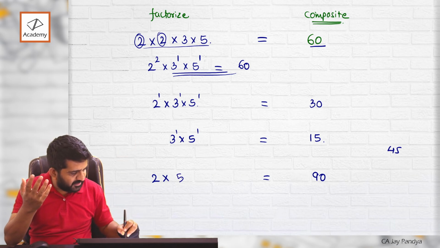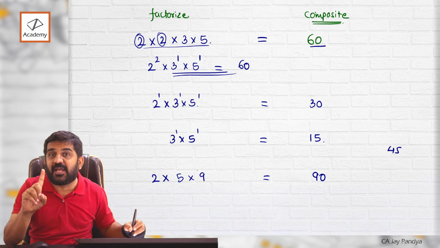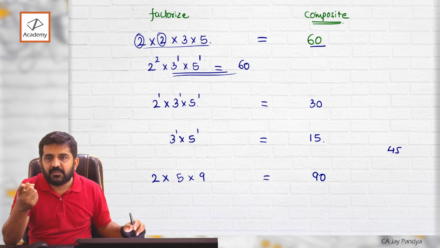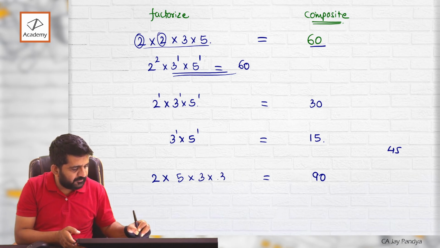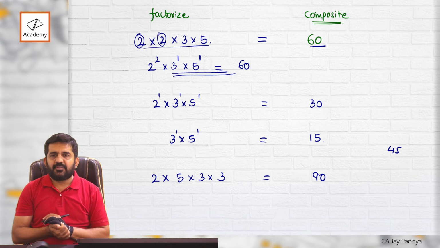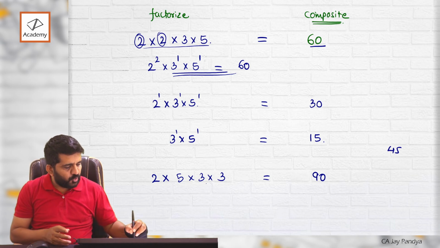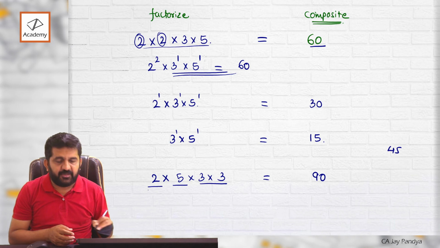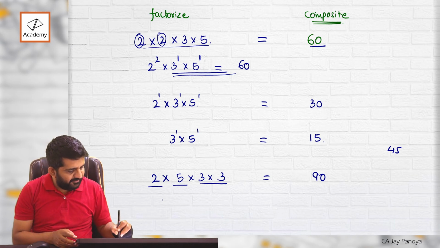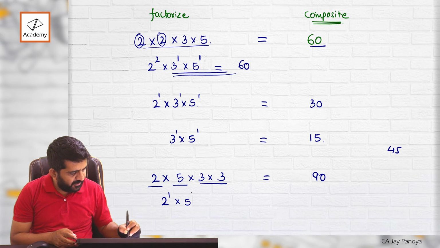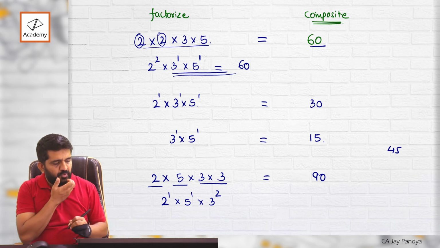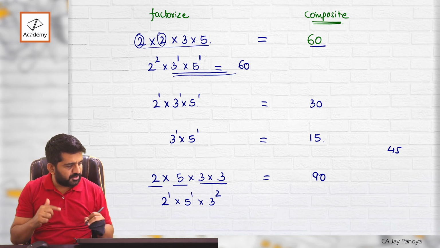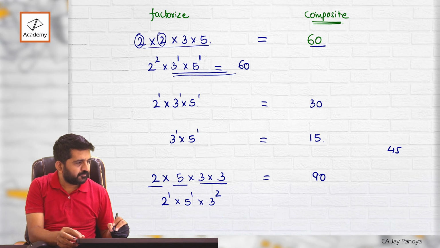So I know the answer is 5 nines are, but 9 is not a prime number. 9 is a composite number. How is it a composite number? 3 3s are 9. So I know 9 5s are 45, 2 45s are 90. How will I write this down? 2 raised to 1, 5 raised to 1, 3 raised to, you should say 3 square or 3 raised to 2, right?